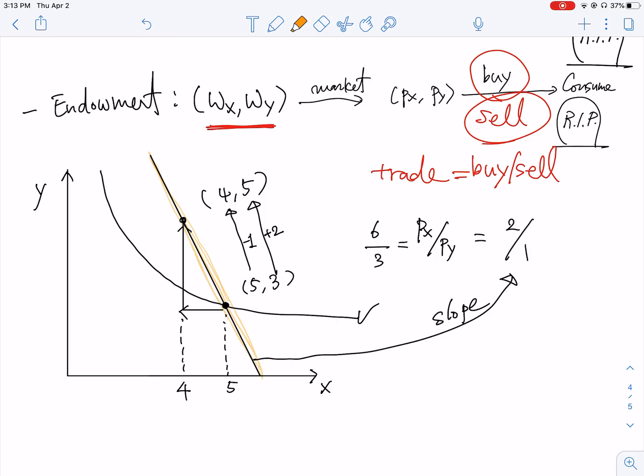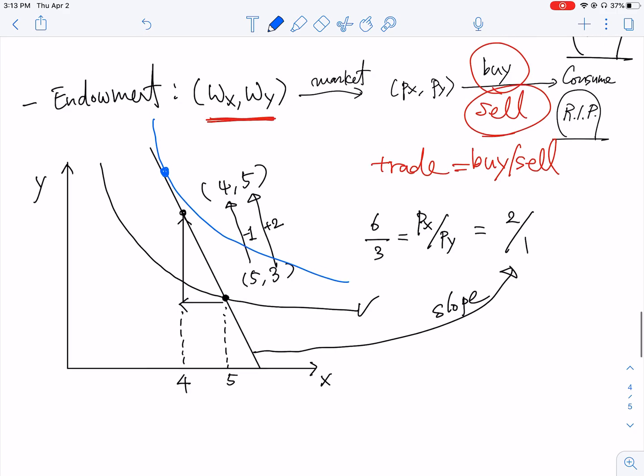In the end, where is the optimum? Somewhere here, I guess. Your optimum will be somewhere here, where the MRS equals the price ratio. In other words, the slope of the indifference curve is equal to the slope of the budget line. That's going to be your optimal decision.